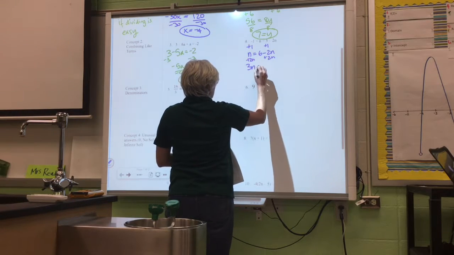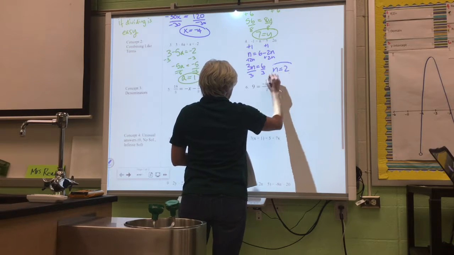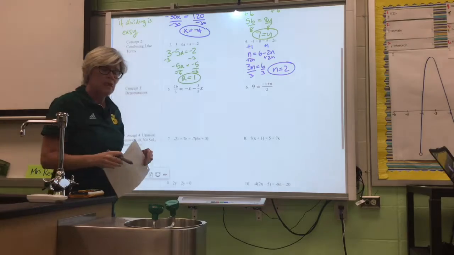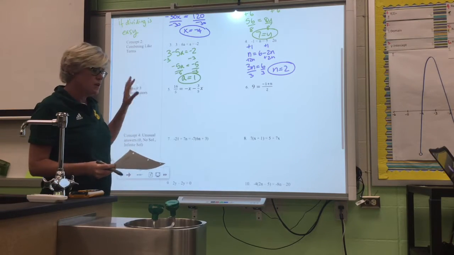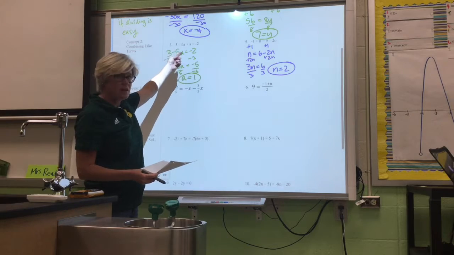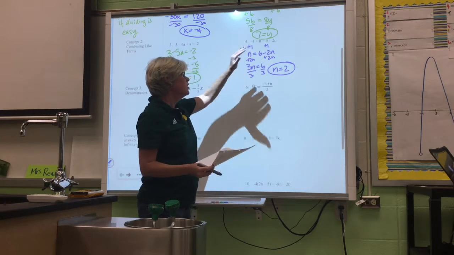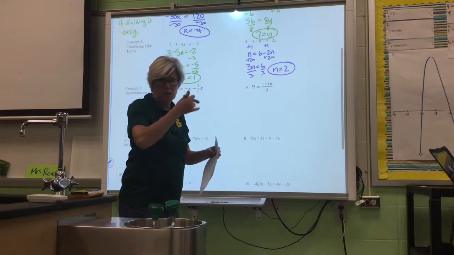So I get 3n equals 6. I divide by 3, and I get n equals 2. The main point on this concept is if they're on the same side of the equal sign, you combine them. If they're on separate sides of the equal sign, you just kind of solve it, you move things around, okay?